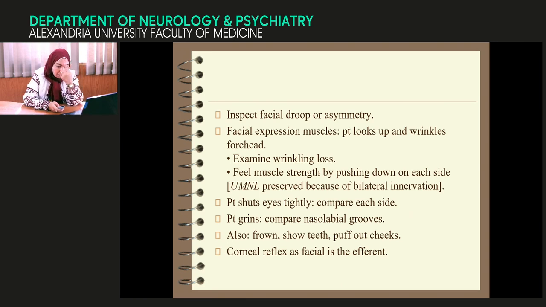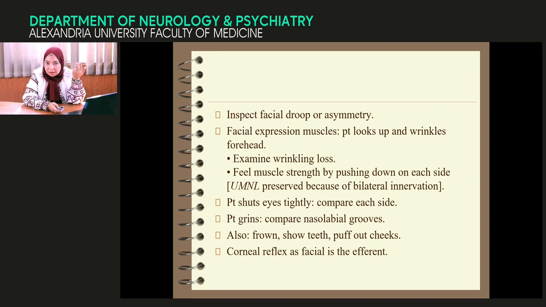So I will inspect the face for any asymmetry. The nasolabial fold will be symmetrical bilaterally. If there is mouth deviation, it will be towards the healthy side, and the facial muscles must be compared. Comparison is the most important.